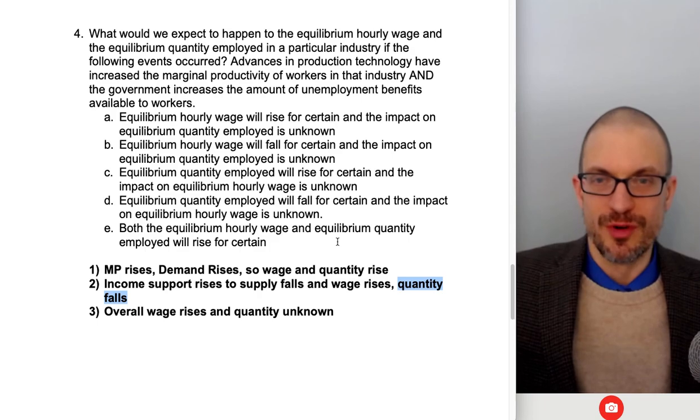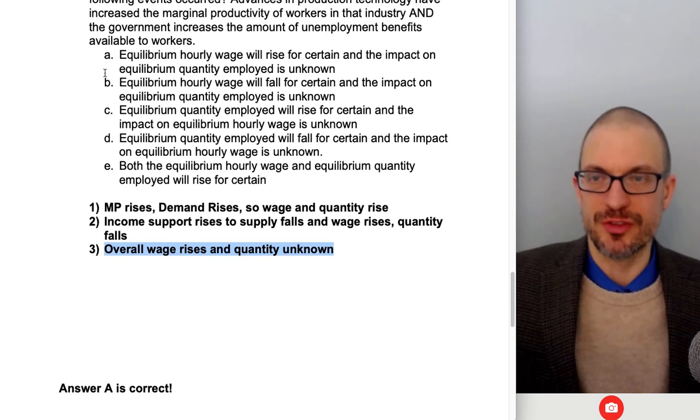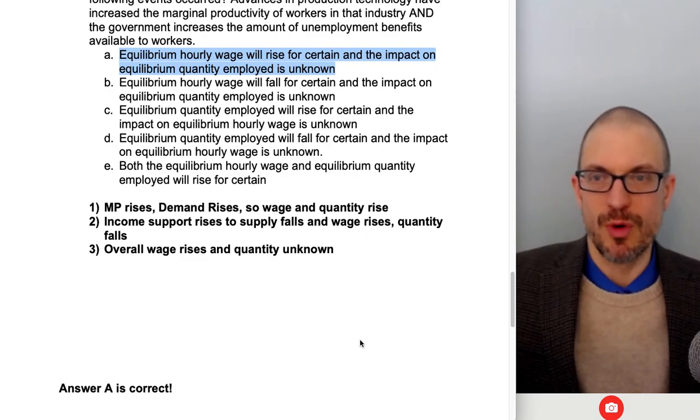So what we're looking for as a result is a situation where, for sure, the wage is going to rise, but then the quantity could rise or could fall. So I'm going to look for an answer that tells us overall wage rises and then quantity is unknown. That happens with answer A. Equilibrium quantity rises for certain. Impact on equilibrium quantity employed is unknown.